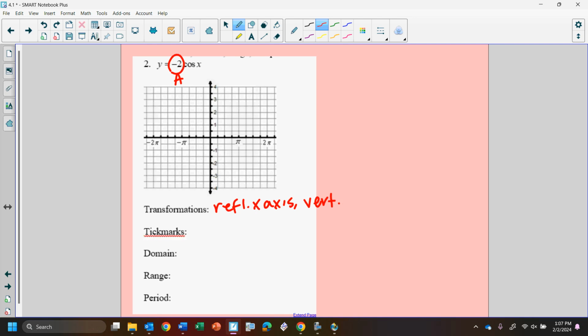Vertical stretch by how much? 2. Make sure when you describe your transformations, you want to include all that vocabulary. Reflects over the x-axis. Don't just call it flip. Use the reflect word. And vertical stretch by 2, not just stretch. Okay, Matt? Yeah? All right, let's DAB it.